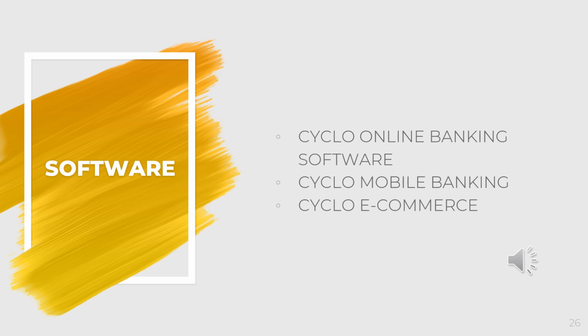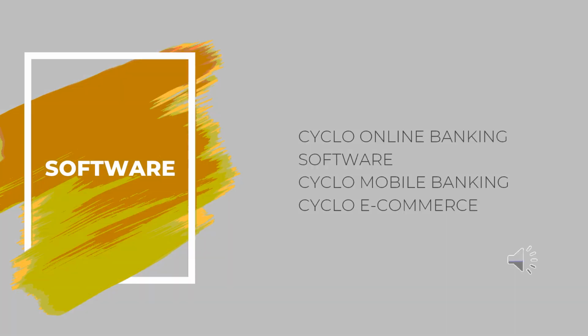And lastly, Cyclo e-commerce, a similar application to e-commerce platforms such as Shopee or Lazada. This e-commerce can be used to promote the merchant from the customer shop or customer internet merchant.